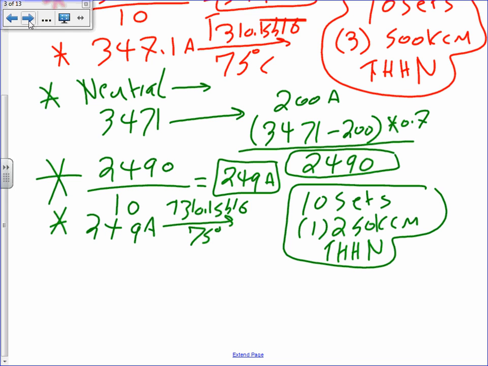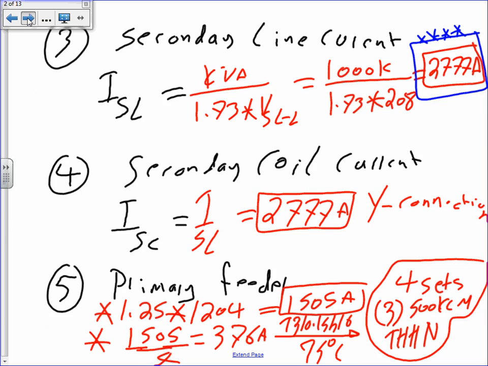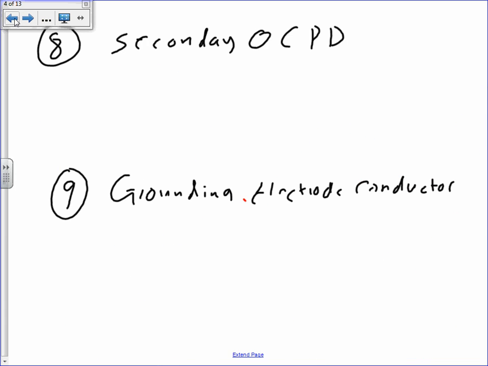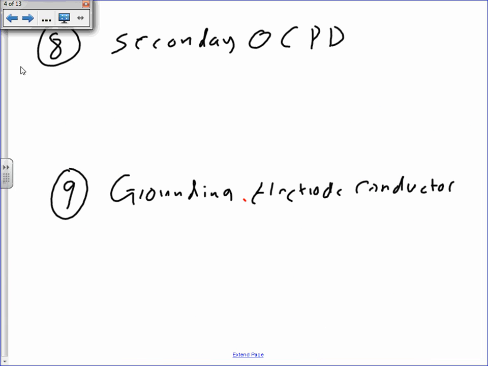I think the next page is we missed the overcurrent protection device. So I'm going to put the overcurrent protection device here. So we got secondary. I'm going to move these down a little bit so I can put my overcurrent protection device. I'm missing number 7 here.